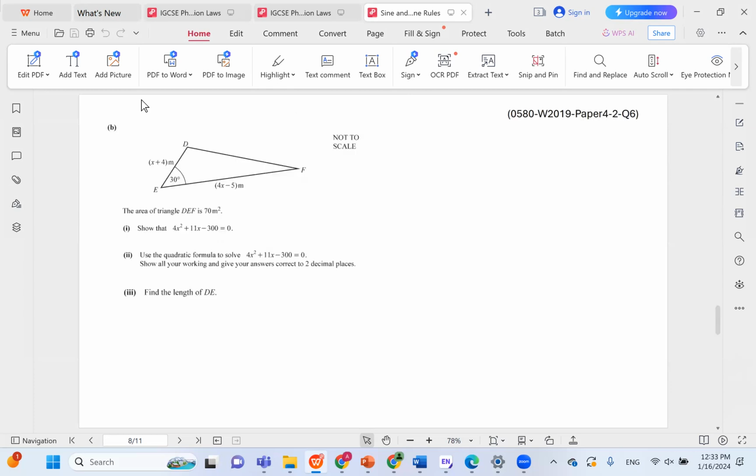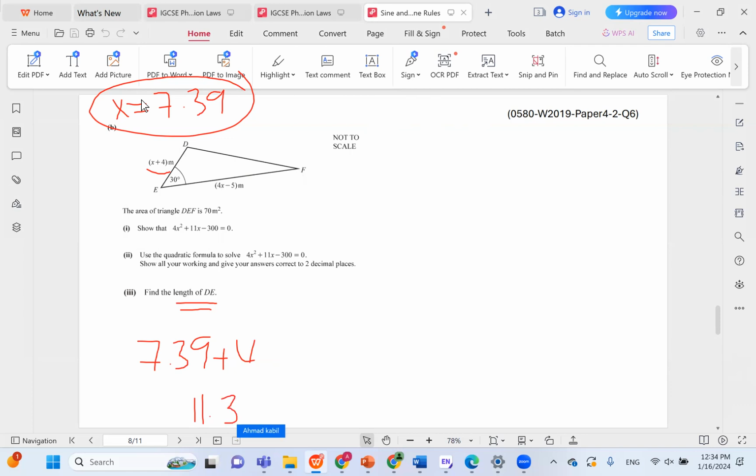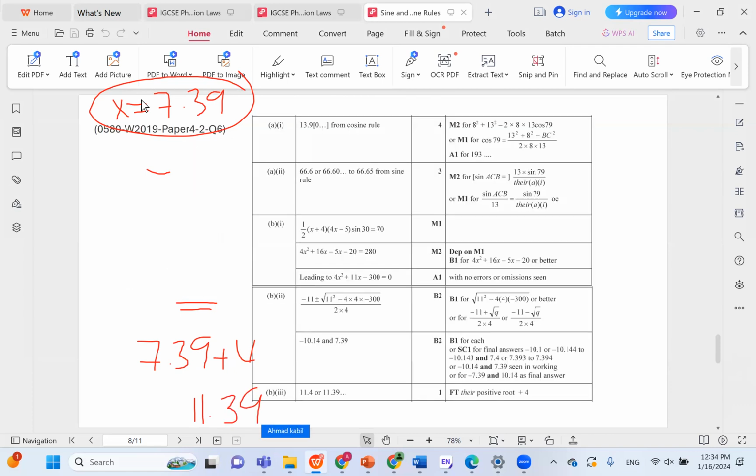Yes. So X is equal to 7.39. We're just going to use that to evaluate and find the length of DE. So the length of DE, of course, we're just going to take the positive value of X and add it to 4. So 7.39 plus 4 gives you 11.39. And this is, of course, the correct answer here, 11.4 or 11.39.